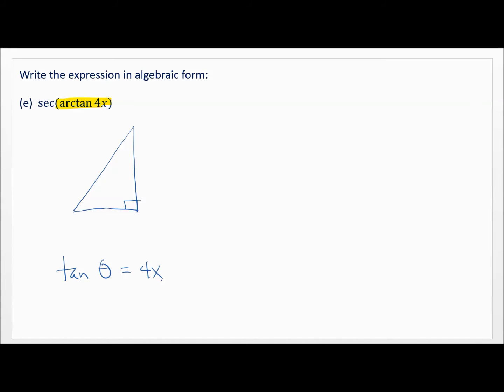Now, tangent by definition, in terms of triangles, y'all know that is opposite over adjacent. Right? So if I make this algebraic expression into a fraction, I'd put it over 1, which means 4x is the opposite side, 1 is the adjacent side.